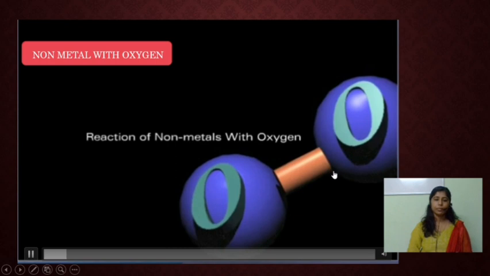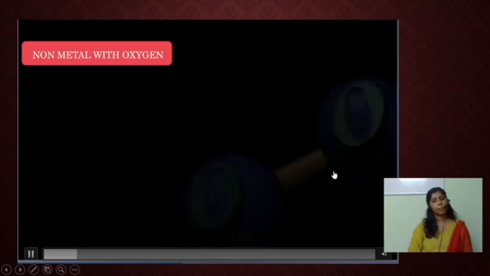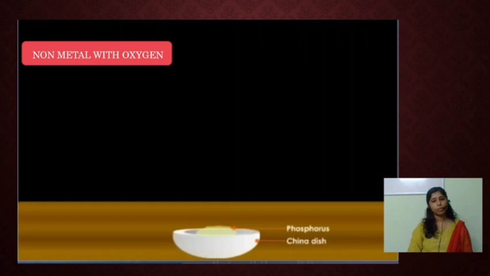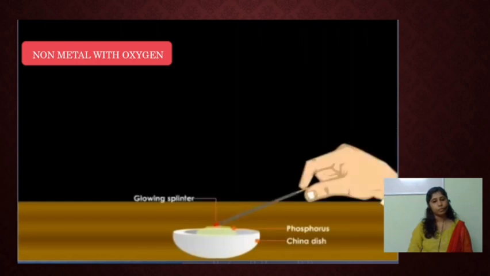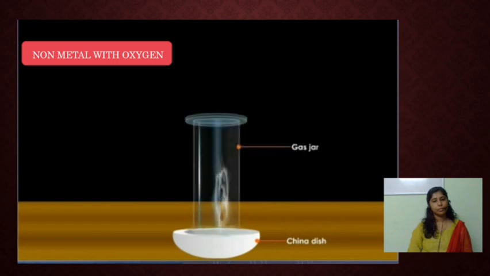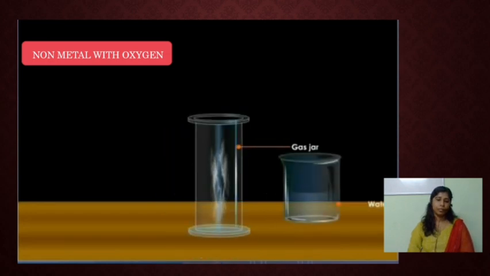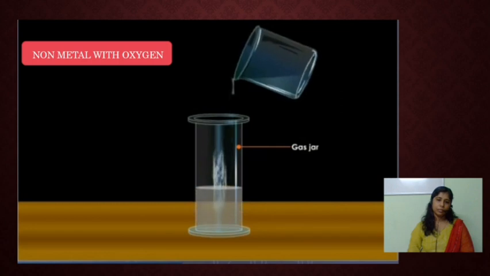Reaction of nonmetals with oxygen. Place a small piece of phosphorus on a china dish. Burn the phosphorus with the help of a glowing splinter. Cover it with an inverted gas jar. You will observe that the gas jar gets filled with white fumes. Make the gas jar upright and pour some water into it and shake well.